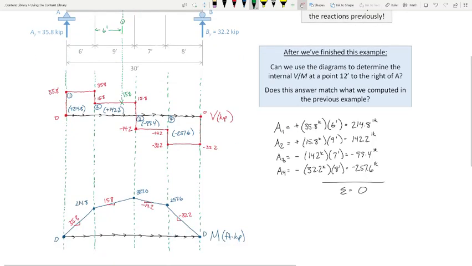Let's see. Okay, so we get this. Can we verify that that is in fact the value that we're interested in? Well, let's see.